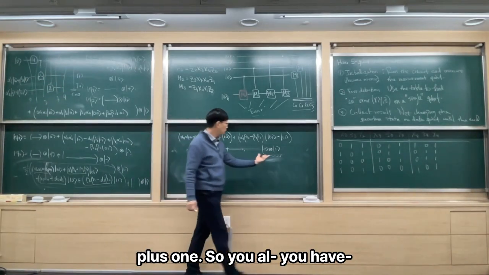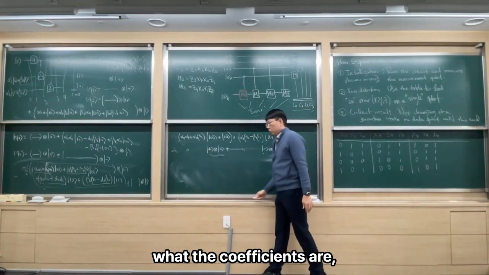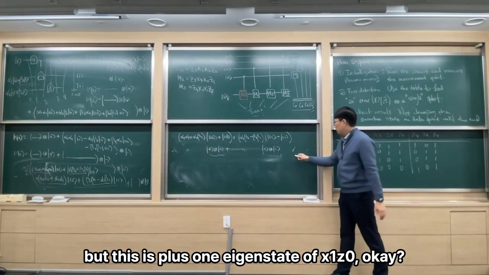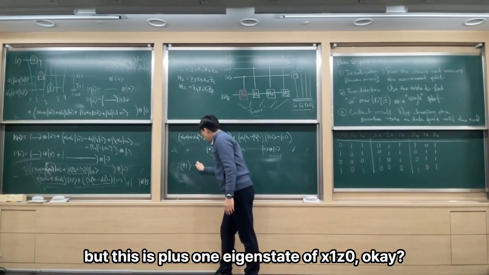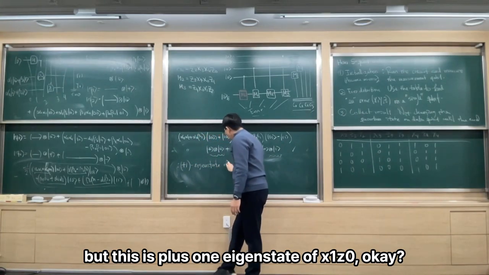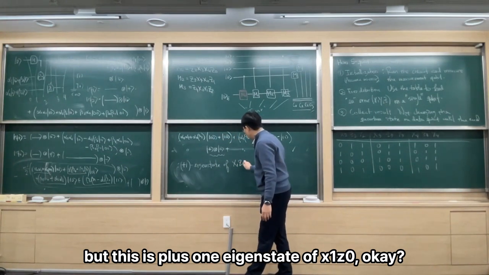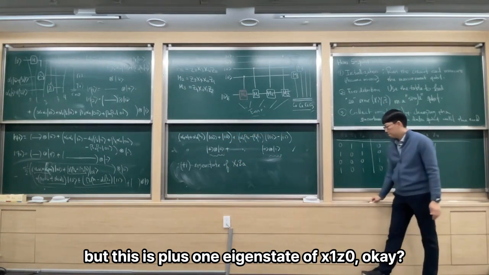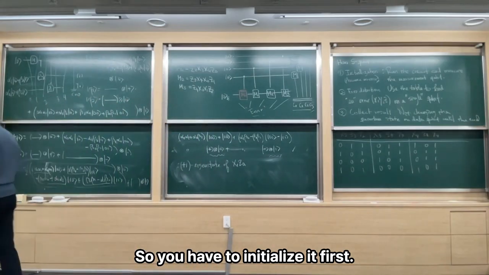So you have these quantum states. Of course, we don't know exactly what the coefficients are, but this is a plus 1 eigenstate of x1 z0. Okay. So you don't have to initialize it first.